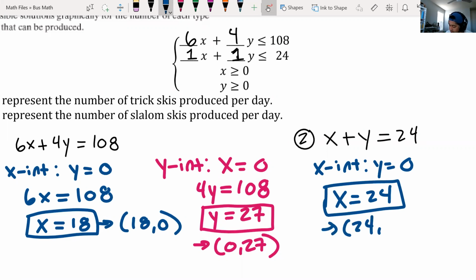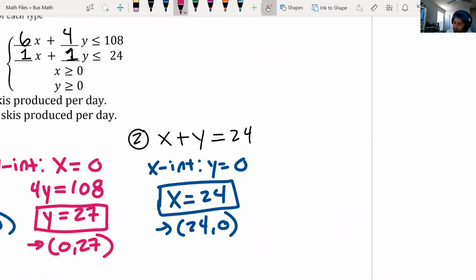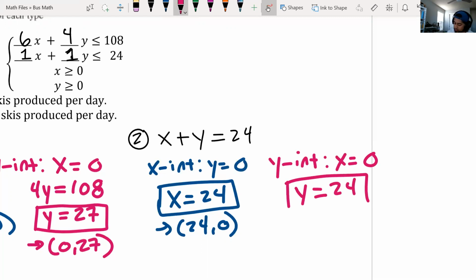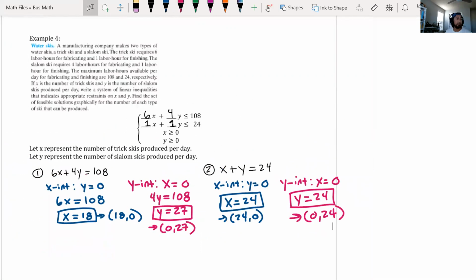That's the point 24, 0. For the y-intercept, you let x equal 0 and y equals 24. That gives me 0, 24. All right, that's the information we need, the x-intercepts and y-intercepts from both equations. Also take note, all of these lines will be solid.